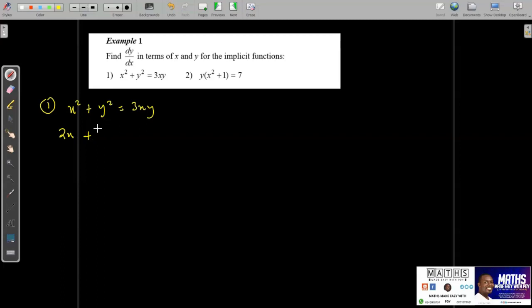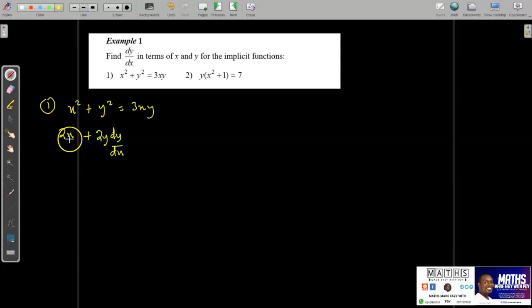So any other variable that comes on board and you differentiate, it must always go with dy dx. So now we have the question written in terms of x and y. When you are differentiating and you have the variable y there, you should include dy dx. So it is not just 2y, but it is 2y dy dx.